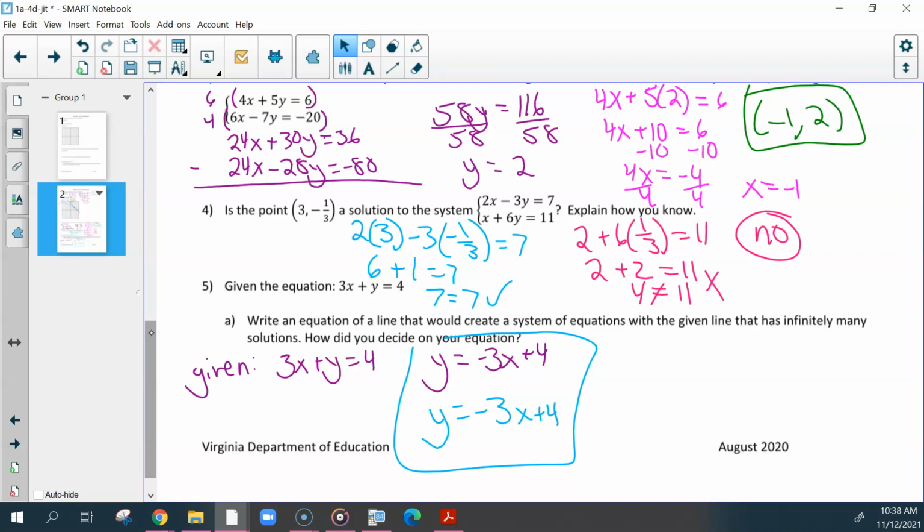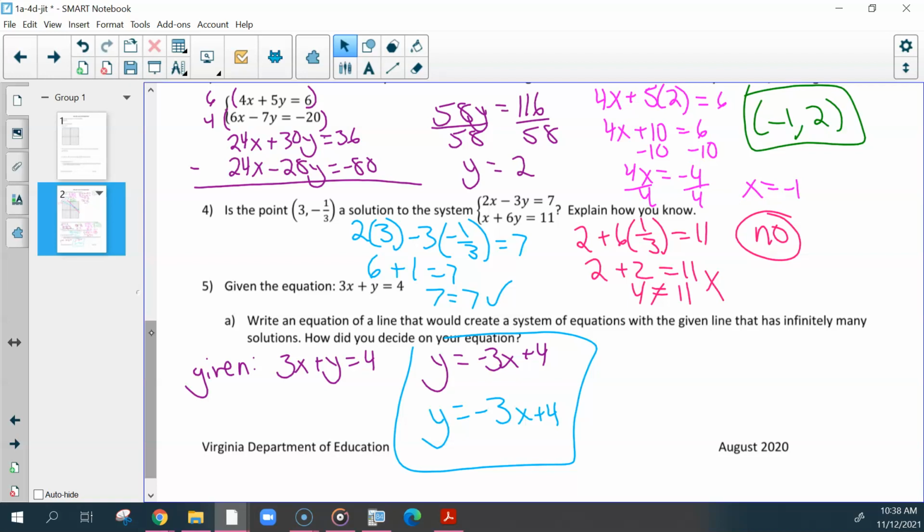The last problem asks us to write an equation that would create a system that has infinitely many solutions. Remember that infinitely many solutions has to be the same line. So to determine what that would be, I took the given equation and I converted it into slope-intercept form, and then I copied it again.